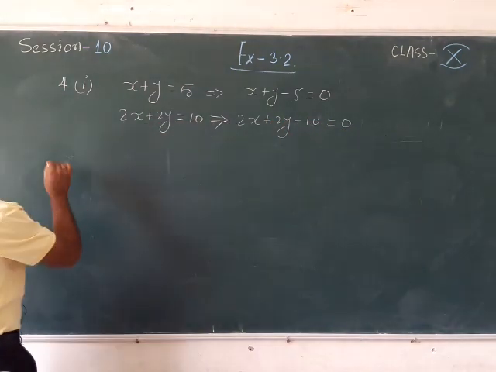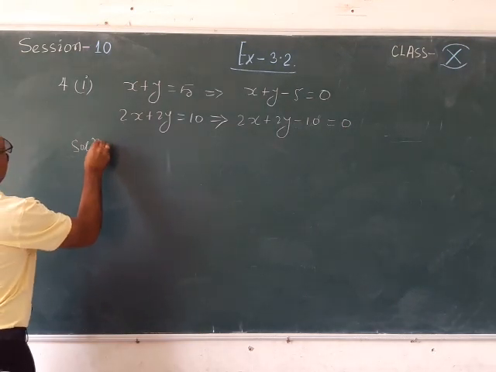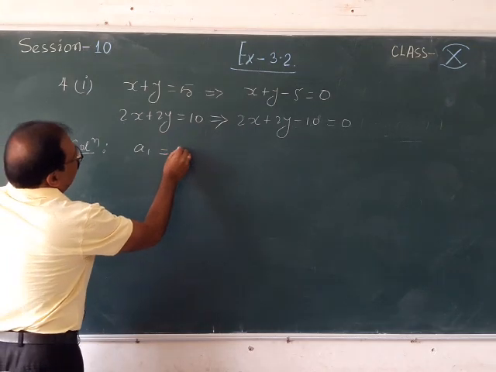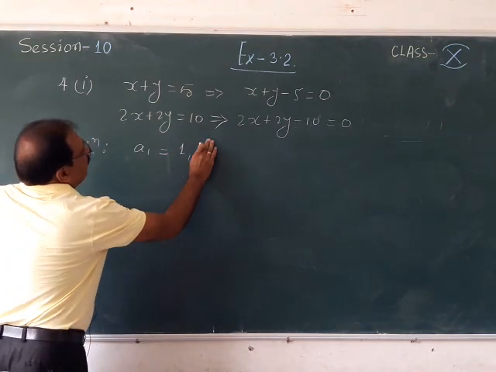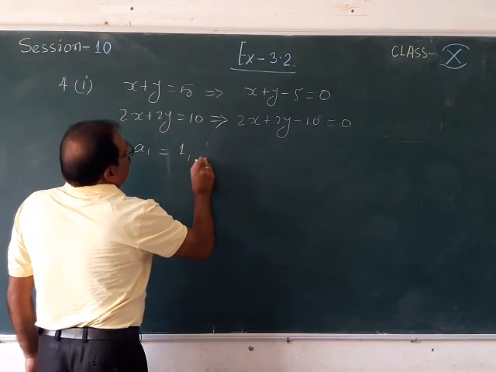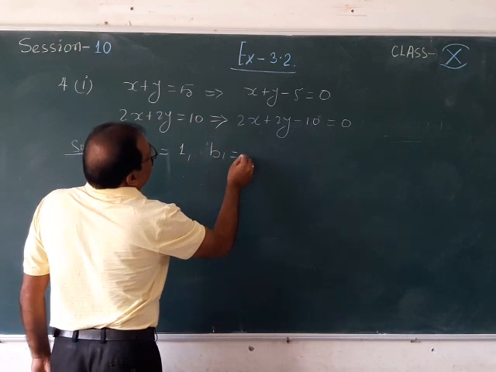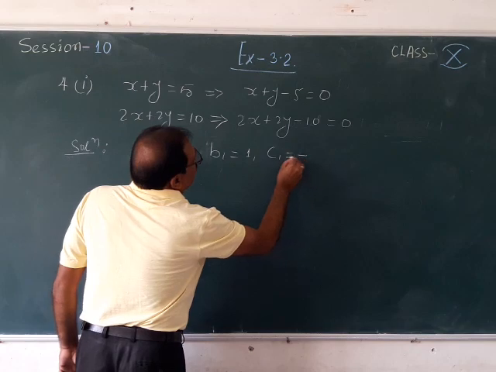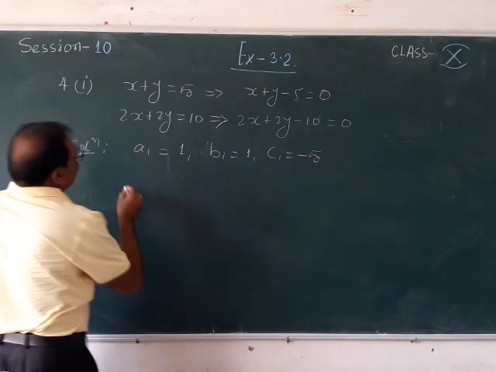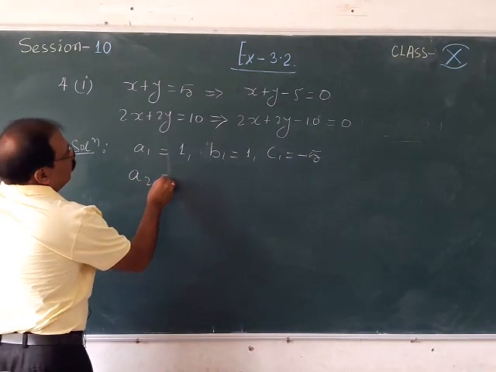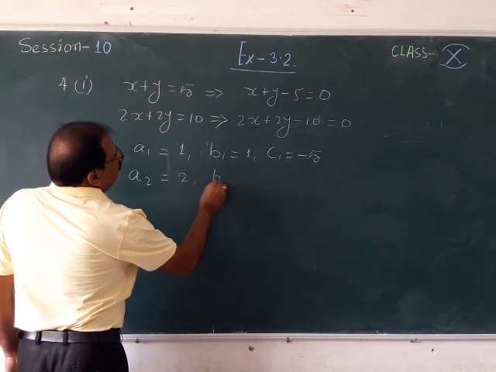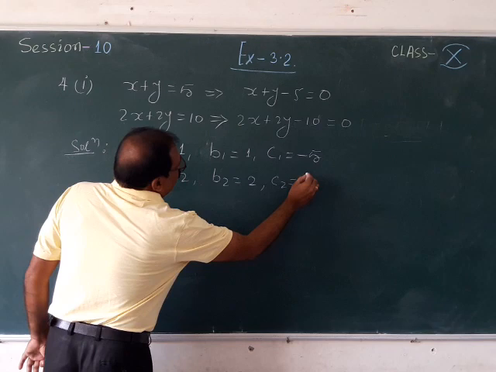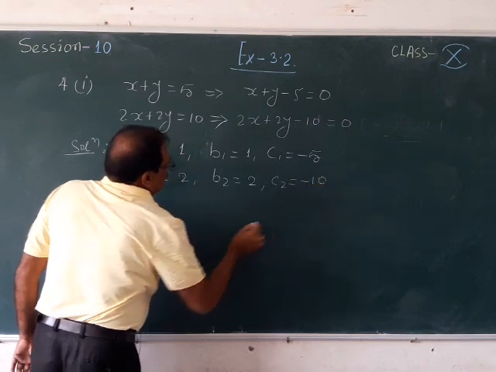So, in the solution I may start by writing the values of a1, b1 and c1. a1 is 1, b1 is also 1, and c1 is minus 5. Then a2 equal to 2, b2 equal to 2 and c2 equal to minus 10.